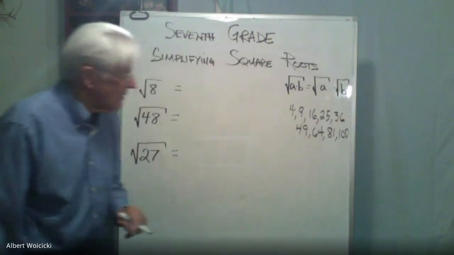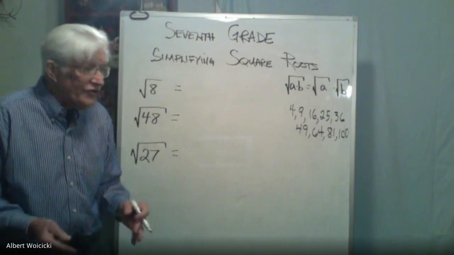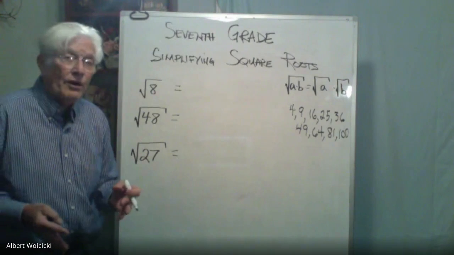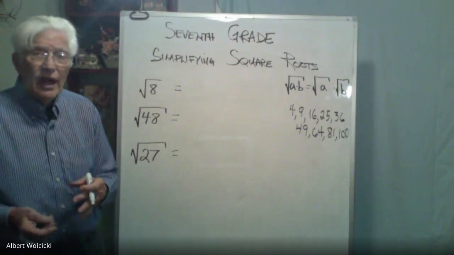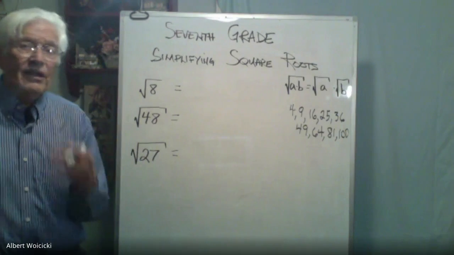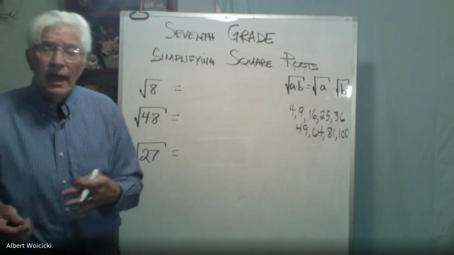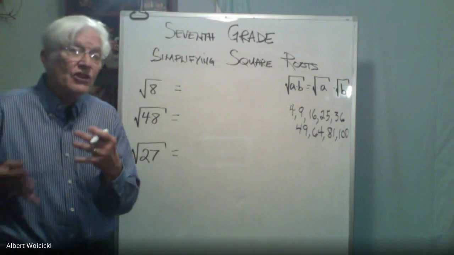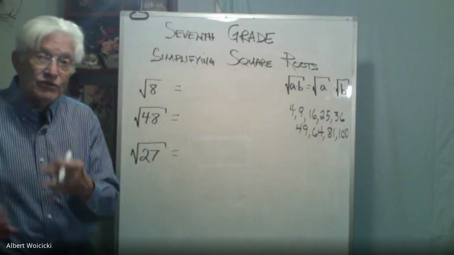So these are our first 9 important perfect squares. You should have those written down. Those need to be on a list. Those are the numbers we're going to use to simplify our square roots.